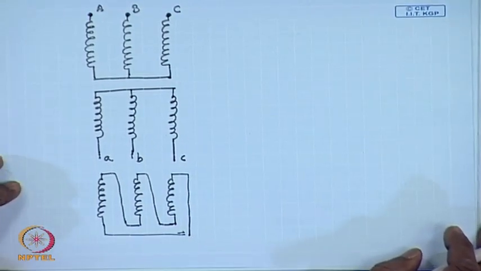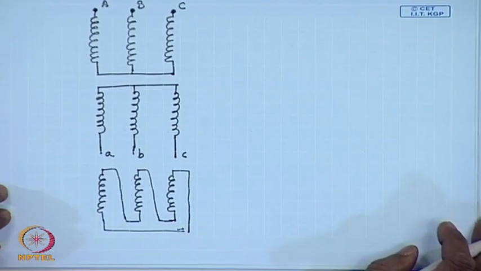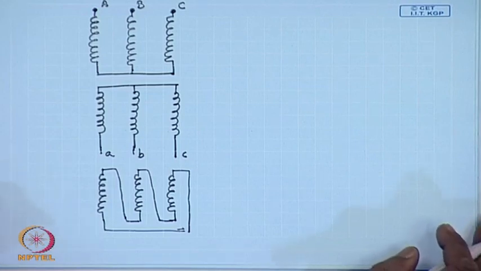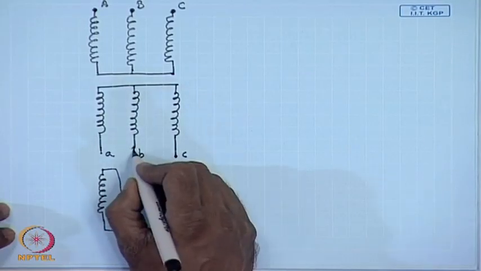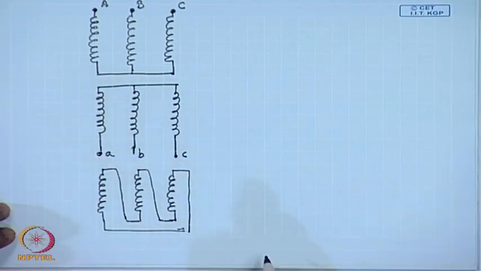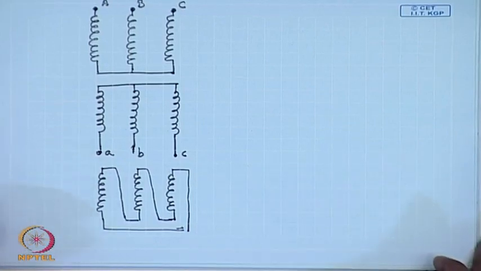Now, when we supply sine wave voltage to this winding and load them with a balanced load, we have seen that a 3 phase transformer can be analyzed on per phase basis.